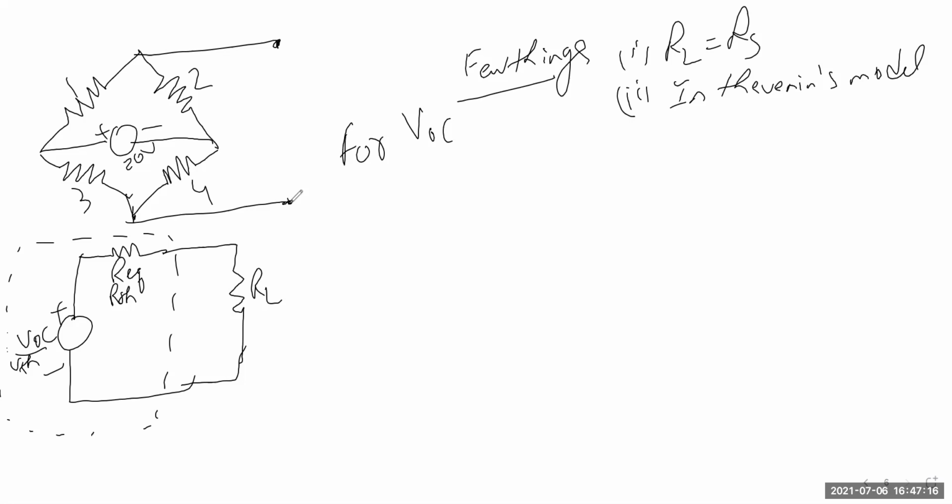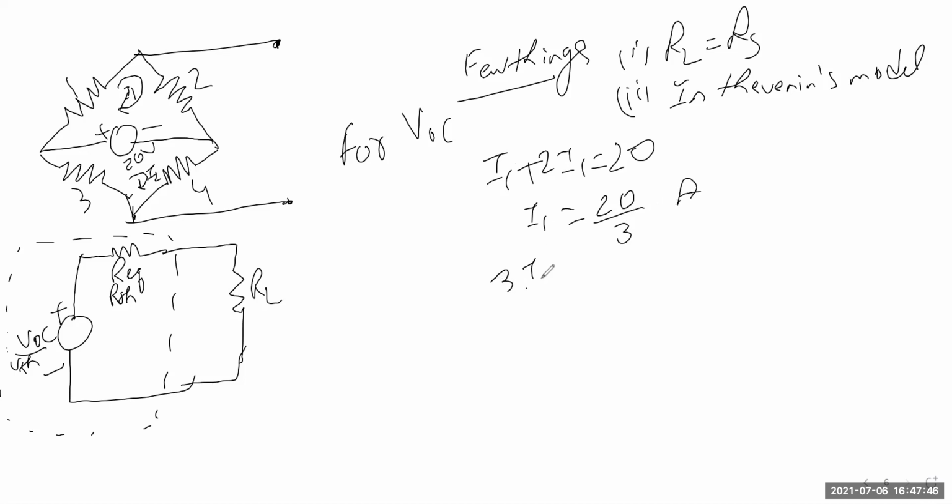We consider this as I1 and this as I2. The equation will be I1 plus 2I2 equals 20, where I1 would be around 20 by 3 ampere, and for I2, 3I2 plus 4I2 equals 20, so I2 would be 20 by 7 ampere.